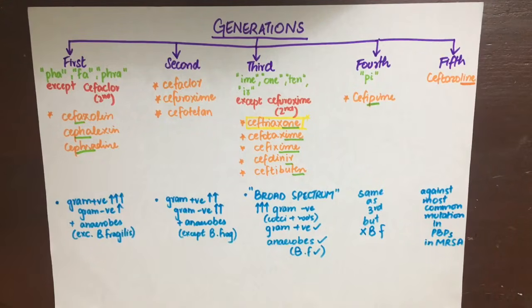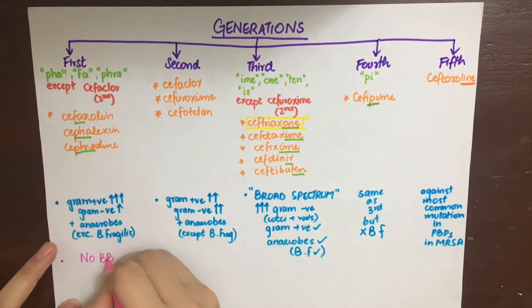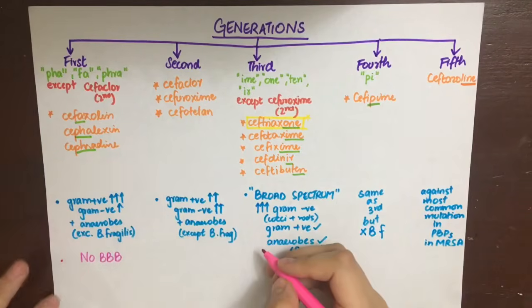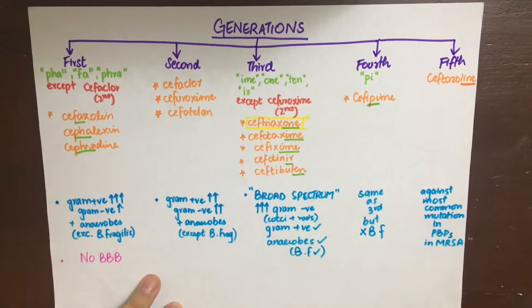The first generation cephalosporins generally do not cross the blood-brain barrier, while the third generation cephalosporins can cross the blood-brain barrier. Now the second generation can be imagined as to be in between 1 and 3, and generally it cannot cross the blood-brain barrier, but cefuroxime can cross it.